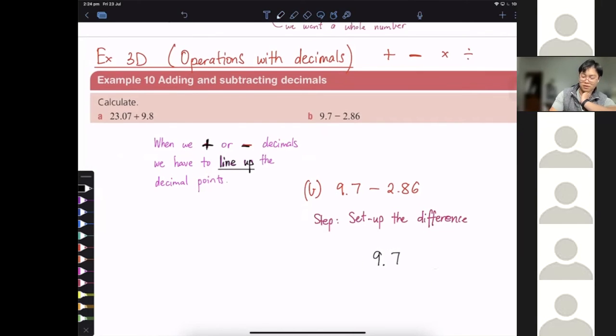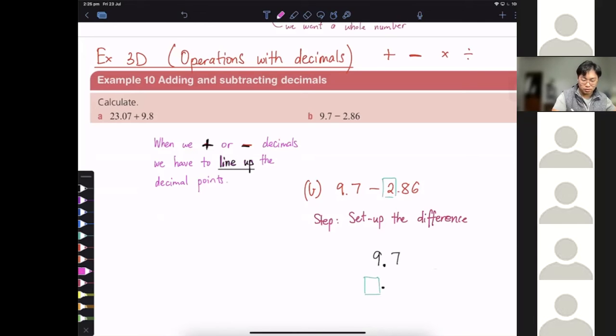We've got 9.7. Now see this second number here. I see the decimal point. I'm going to put it right underneath where that decimal point is. What's on the left of the decimal point? We've got a 2. What's on the right of the decimal point? We've got an 8 and a 6. So this is what I'm going to do. I'm going to put a box here on the left.